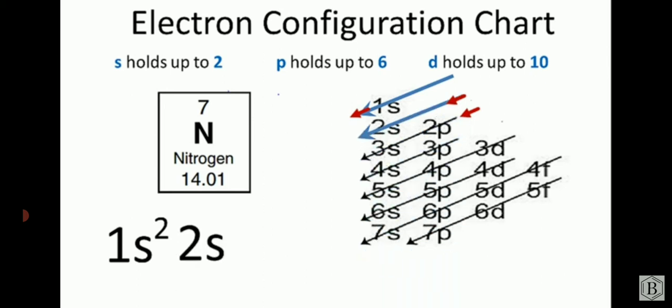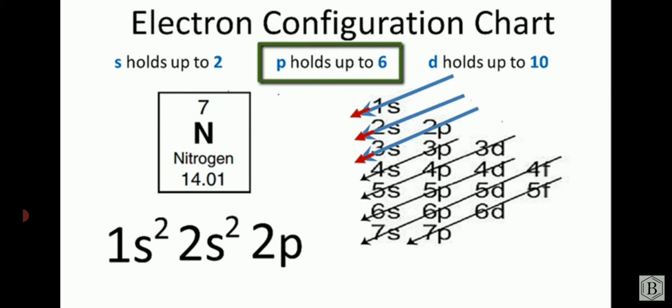We will go down to the 2s, and that will also hold 2. We will then go down to the next row and we will have 2p. p's can hold up to 6 electrons, but we only need 3 more to complete the electron configuration for nitrogen, so we are just going to put 3 in.